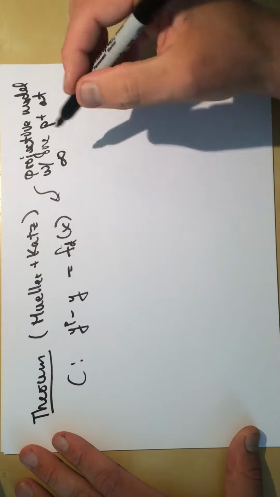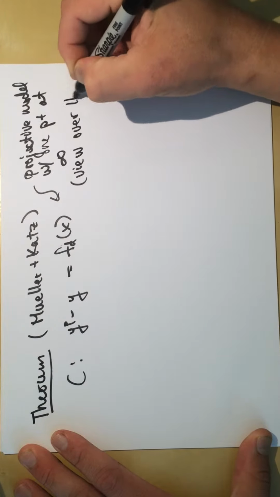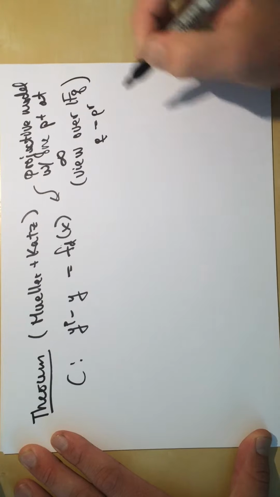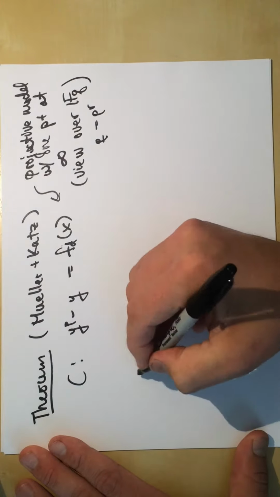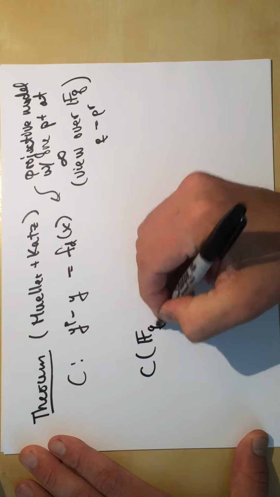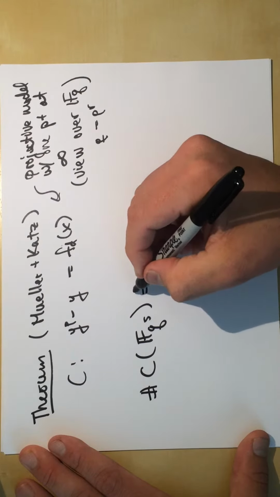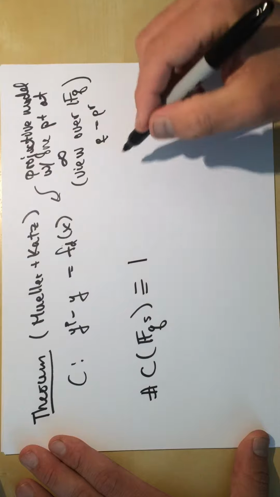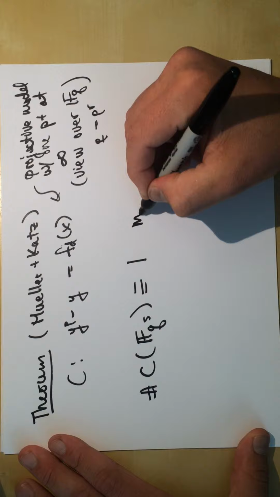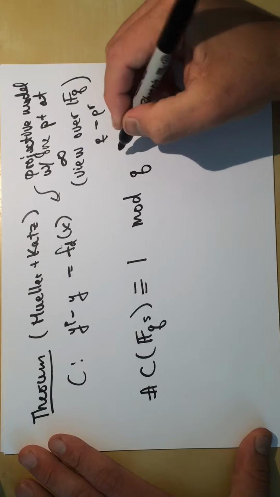Okay, so we view it over F_q, where q is p to the r again, and p is a prime number. When we look at the F_{q^s} points here, they satisfy a congruence: it's going to be 1 modulo q to the this number here.